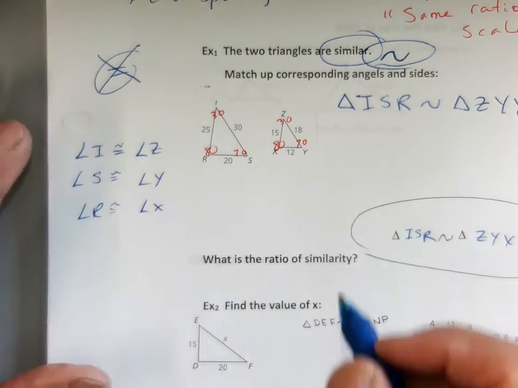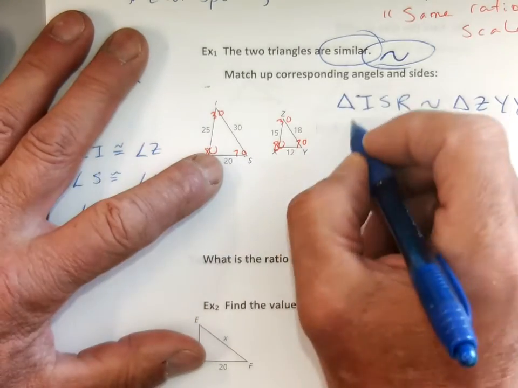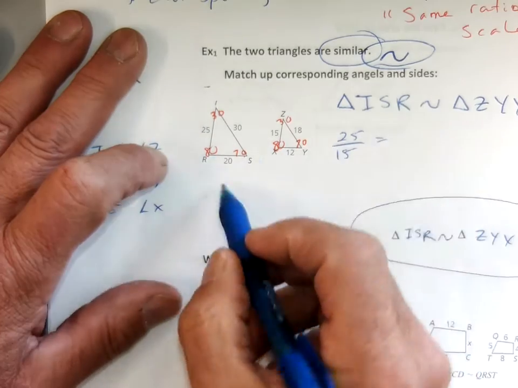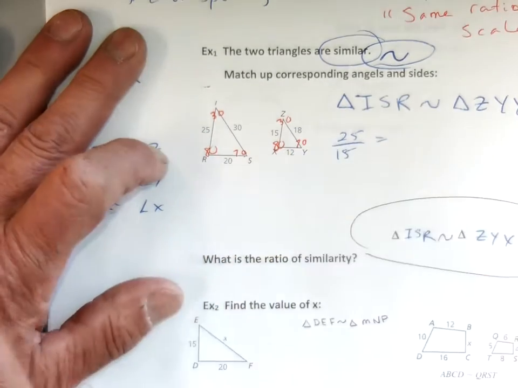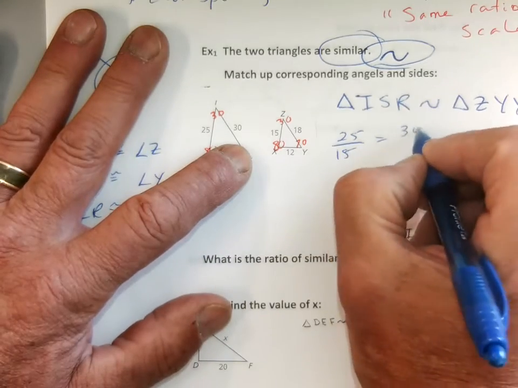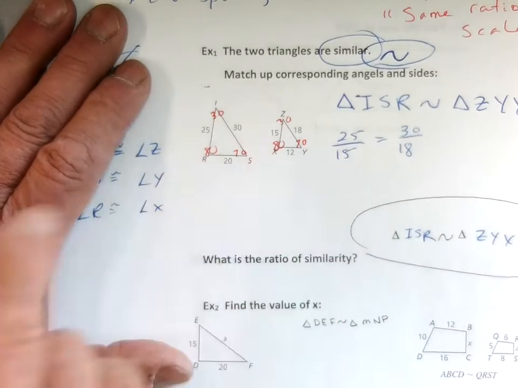Now, we also know this, that the sides are going to be proportional. I know that the 25 goes to 15 because IR goes to ZX. You guys agree with that? I also know this 30 goes to my 18 because IS matches up with ZY.